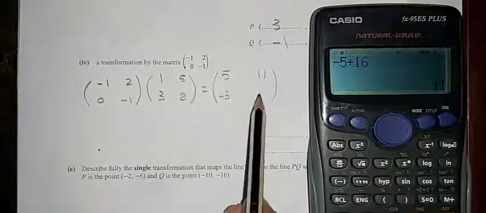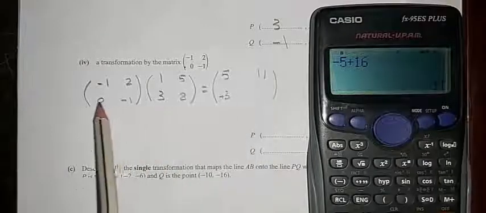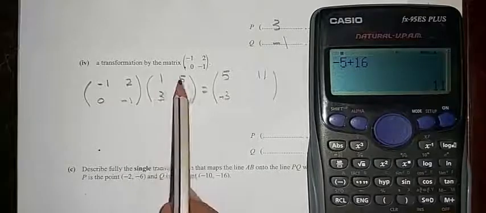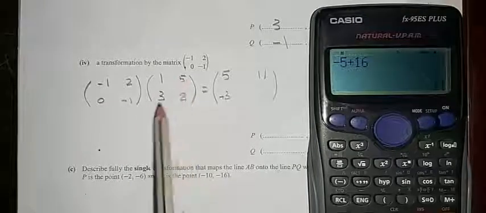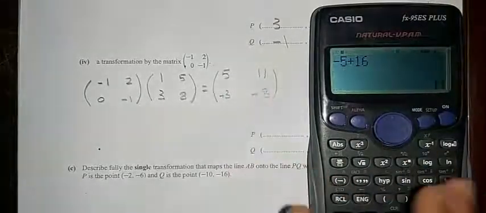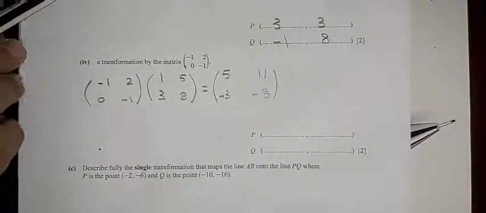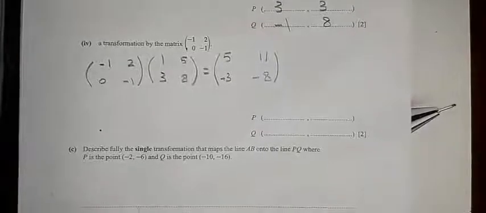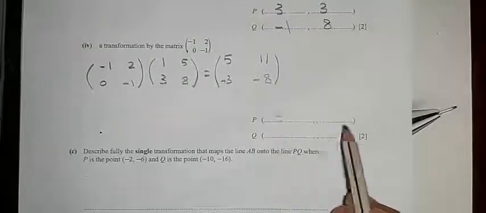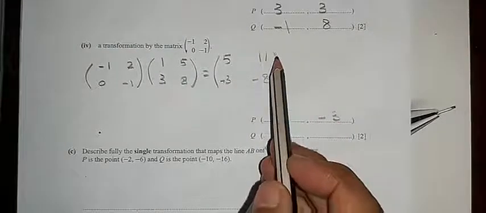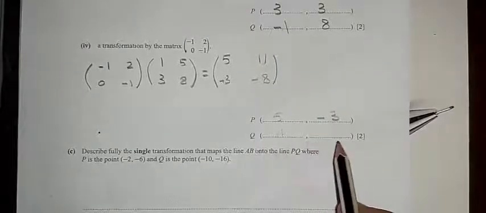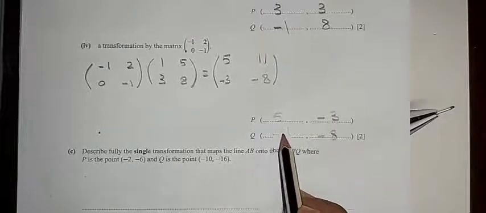Okay, and we will multiply the second row by the second column. 0 times 5 is 0, -1 times 8 is -8. Write -8 here. Now we can write the 2 points here. This is the first point, 5 and -3, and 11 and -8 is the second point, Q.